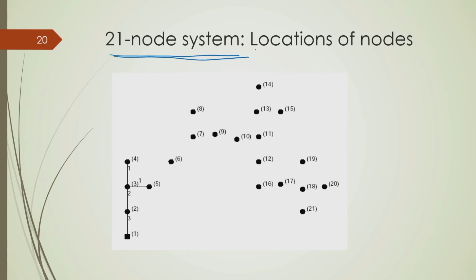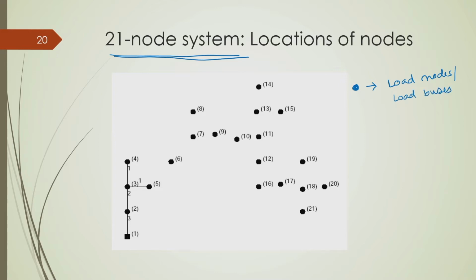This 21 node system is having these black dots. So, these dots represent load nodes, where we have some load demand or load nodes or load buses. Okay.